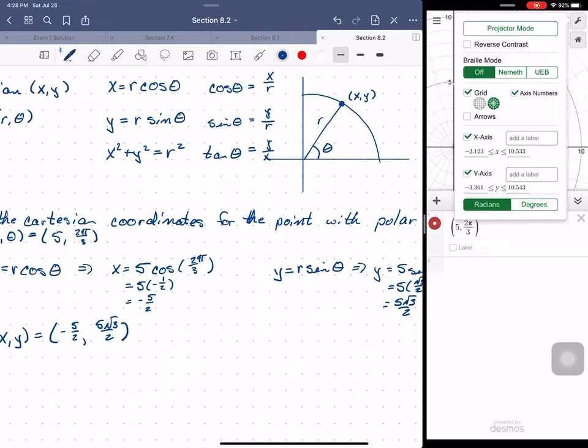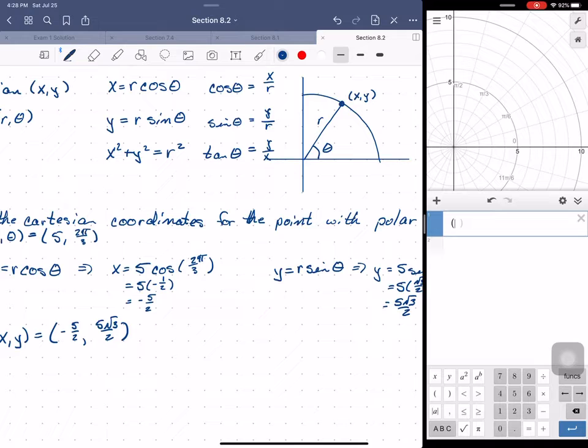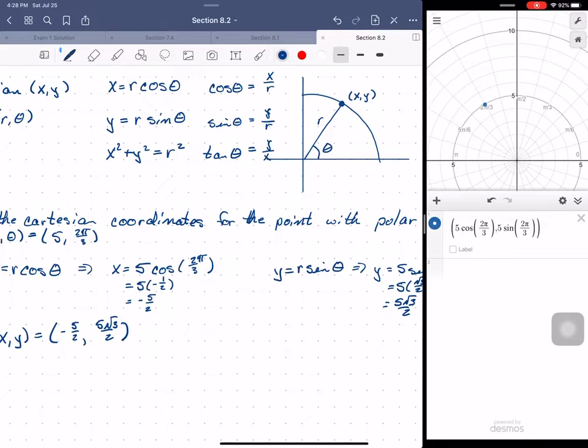So if you want to see where a point lands on the polar grid, what we need to do is give it 5 cosine 2 pi over 3, because x is a radius times the cosine of 2 pi over 3, comma 5 sine 2 pi over 3. And now Desmos puts that point, sure enough, on a circle of radius 5 at 2 pi over 3.